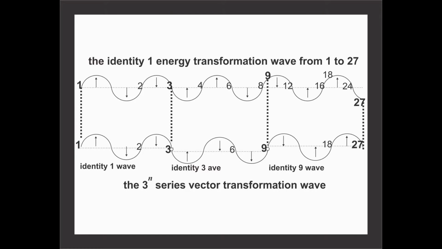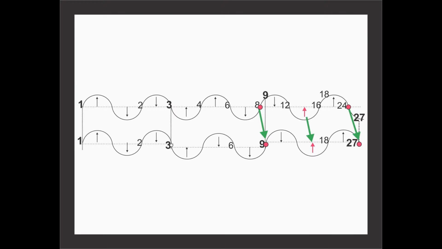The 3 to the nth power series defines a vector transformation wave that changes identity every multiple of 3. As the identity wave and the 3 to the nth power wave begin to progress, the node positions begin to deviate, and the vector orientations begin to deviate.